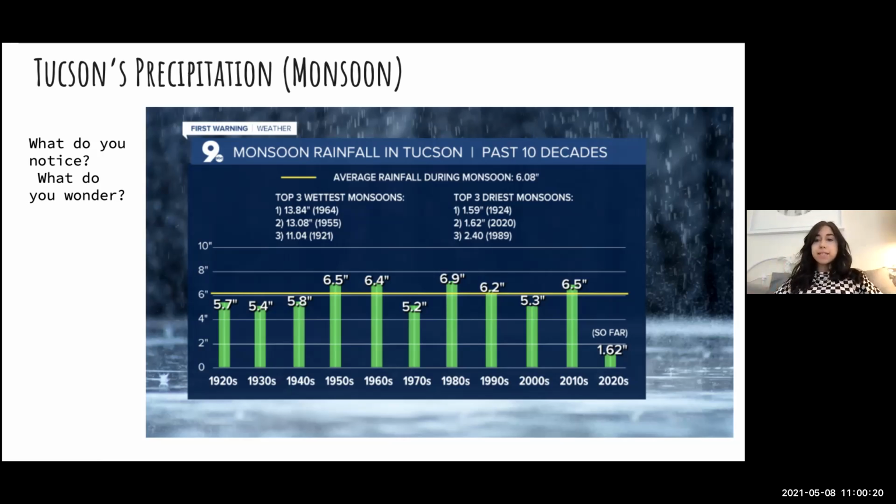And they're like, Miss, what is this year's monsoon season going to look like? They're like, last year we remember there was nothing. And so it was really interesting to see their minds working and connecting the dots of the water unit, climate change, and now this. Okay, here in Tucson, this is what's really happening.